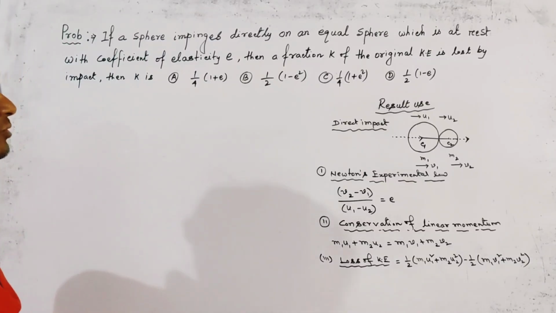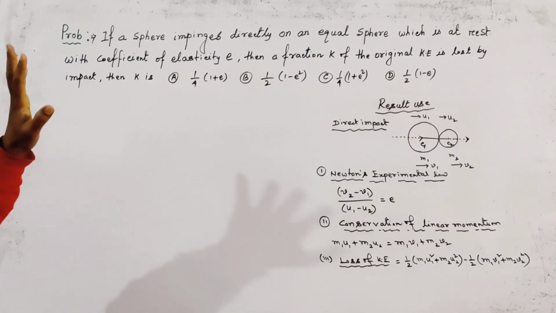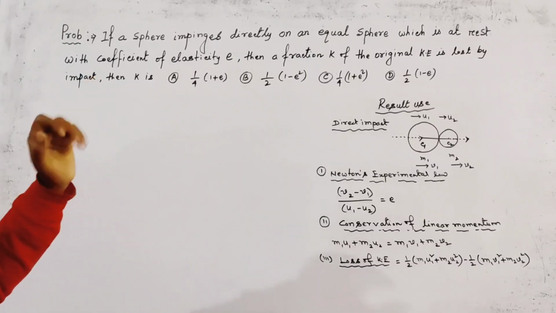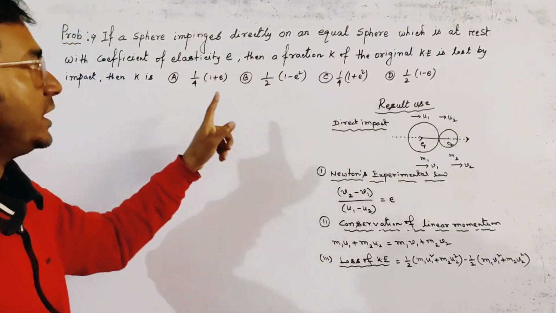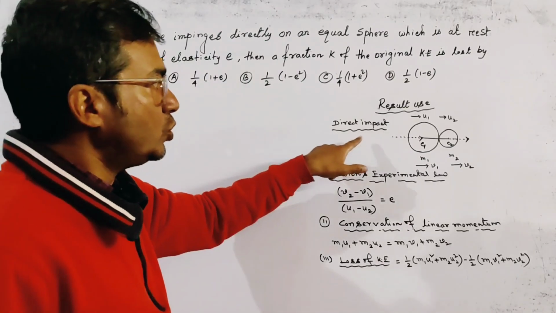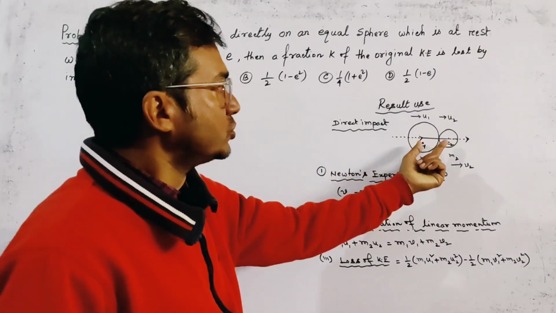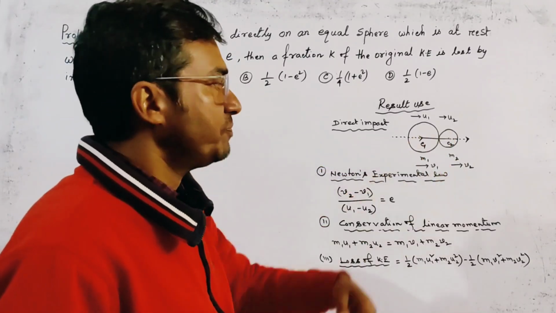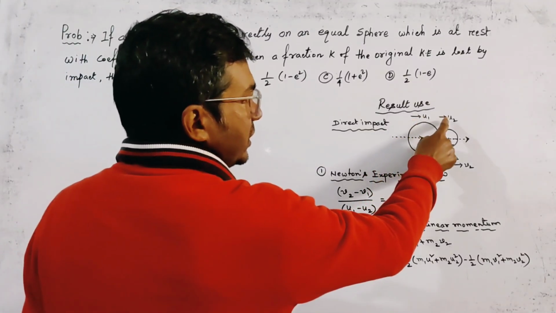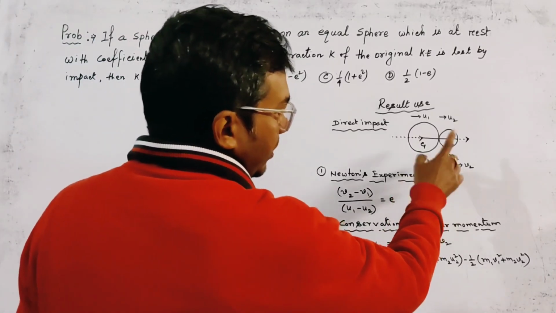Before going to solve this problem, we use a very important result of direct impact, because here it is given that the impact is direct. Let two spheres have centers C1 and C2, and this is the line of impact. Before collision the velocities are u1 and u2, after collision the velocities are v1 and v2, and the masses are m1 and m2.